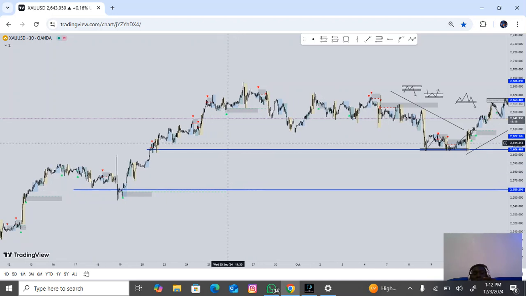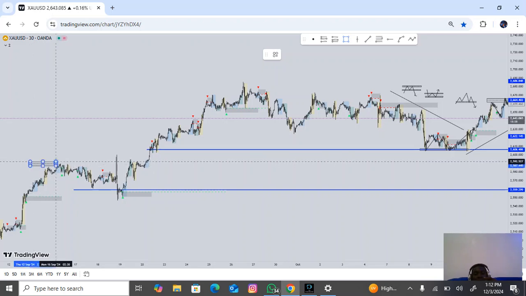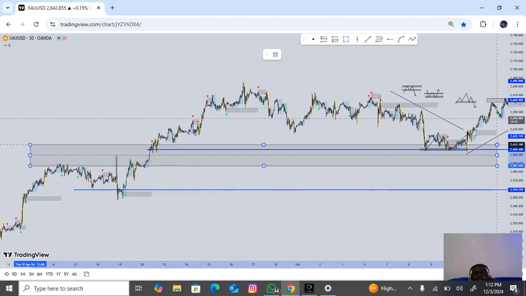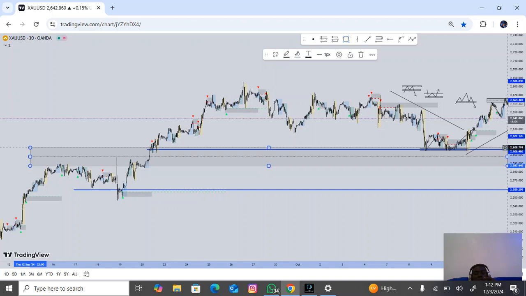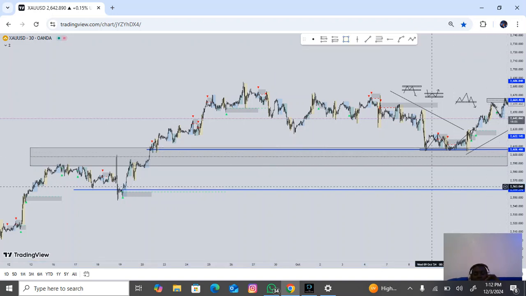As you can see, this was a resistance area formerly, now acting as a support area. If you draw it as a zone right here, you find out that this was a resistance area and now acting as a support area.